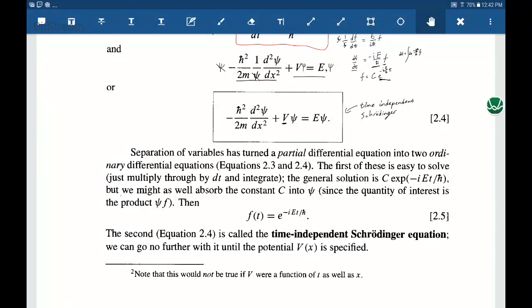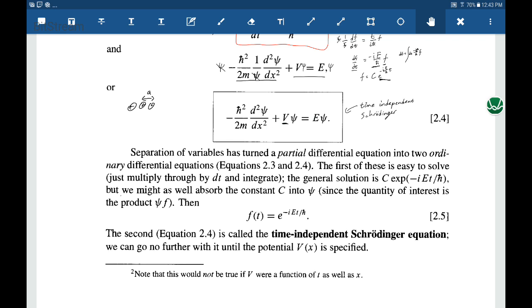So if we have something like a solid, with a bunch of atoms in our solid, and they're making some well, or depending on how our solid is configured, whether it's a metal that has a particular potential, like a Coulomb potential, or if we have a piece of carbon that has a different potential, or we have an ideal gas that has a van der Waals potential, those all call for different solutions to this equation.